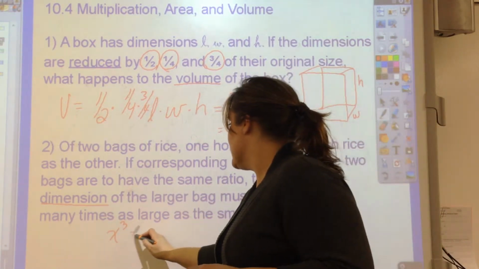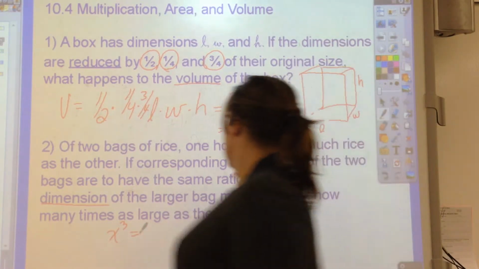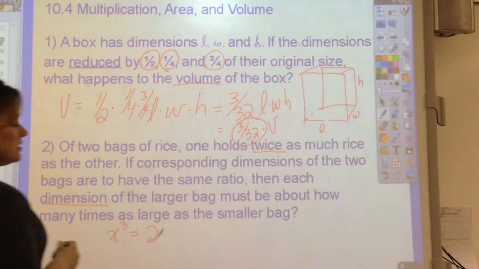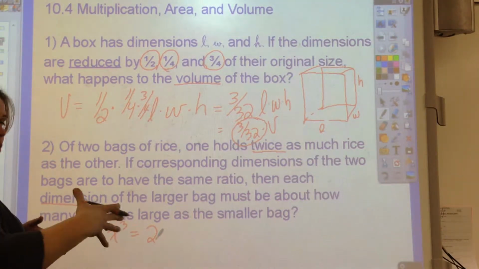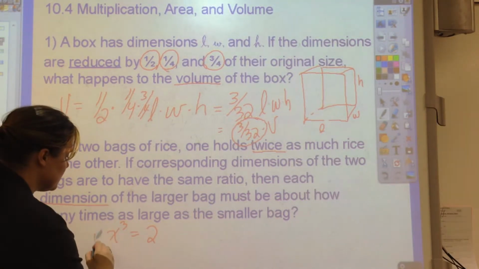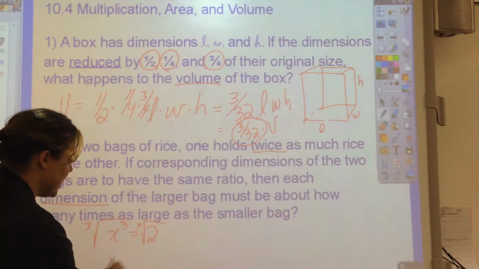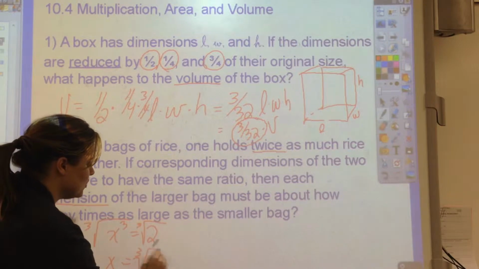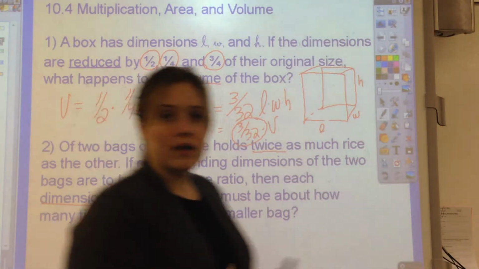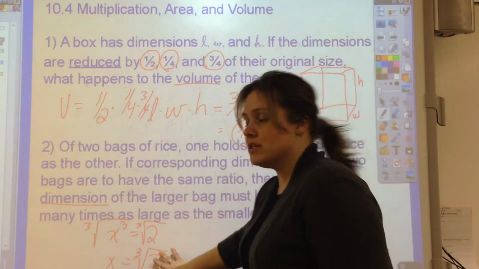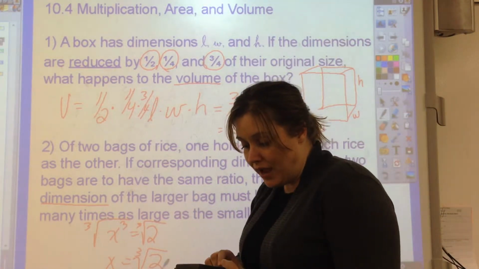And if my dimensions are being cubed to get twice as much, to find the dimension that each one would have to have, I'm going to take the cube root of both sides, and I end up with the cube root of 2. Now, my question says approximately, so this form would be the exact form.